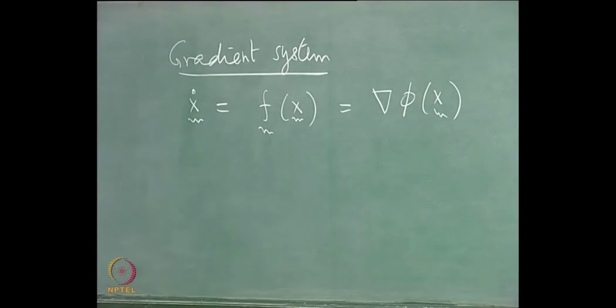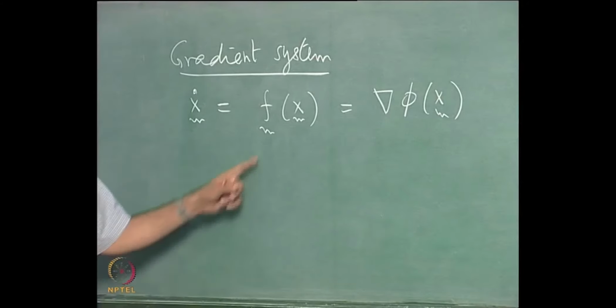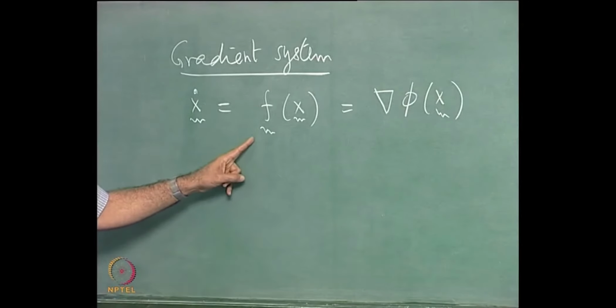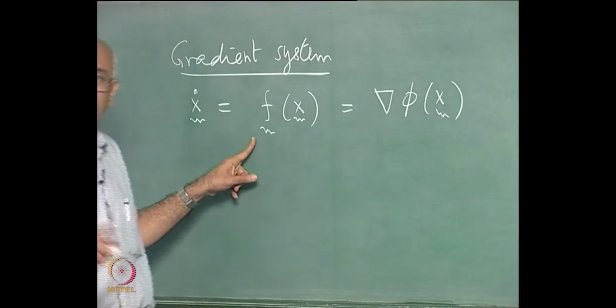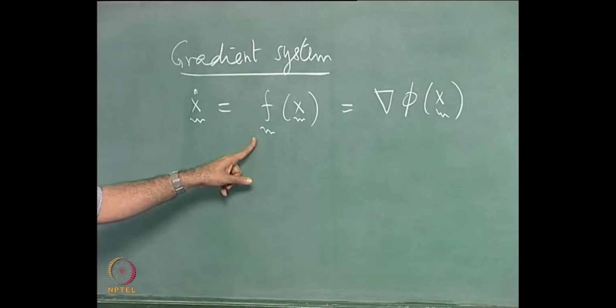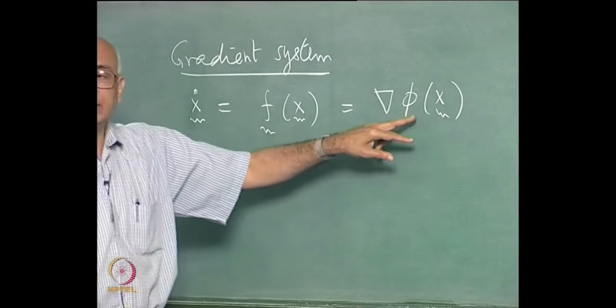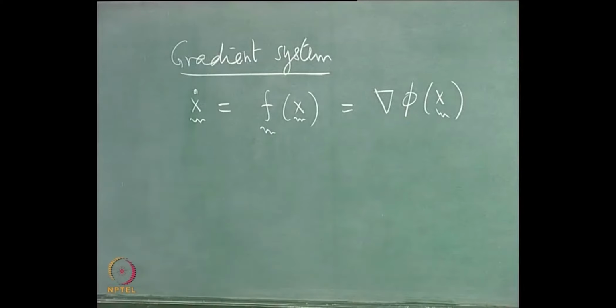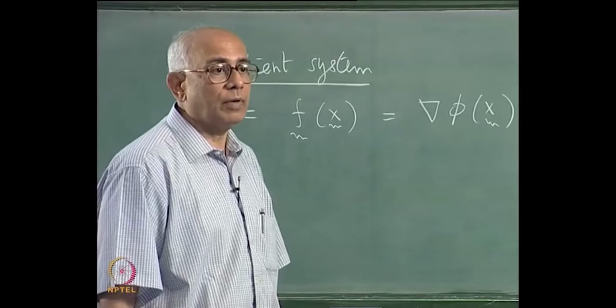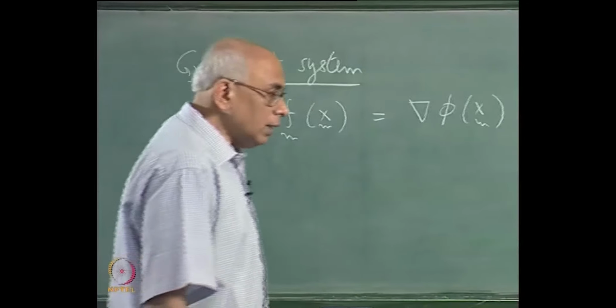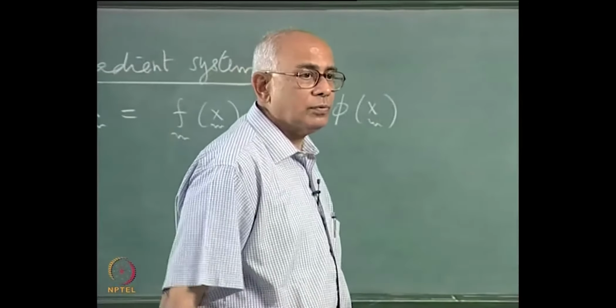What's special about it, of course, is the fact that instead of specifying a vector field, which means all its components, n functions f1 through to f sub n, we need to specify just a single scalar function phi, and everything else, all the components of f are determined in terms of this single scalar function phi. So clearly it is a very special kind of dynamical system.